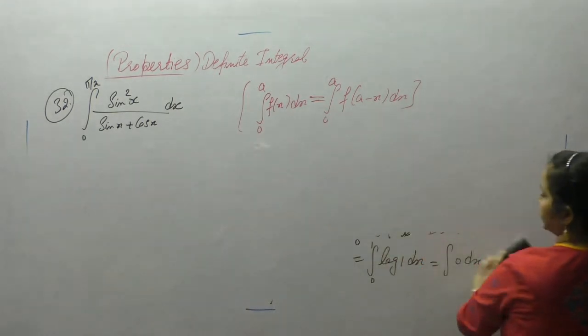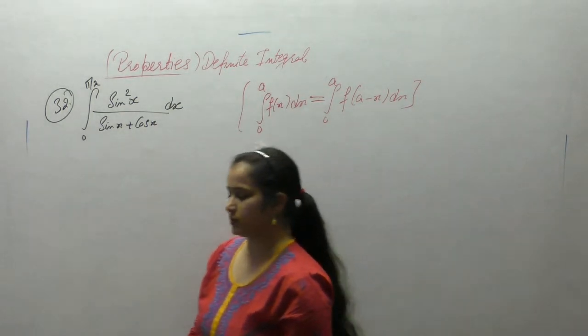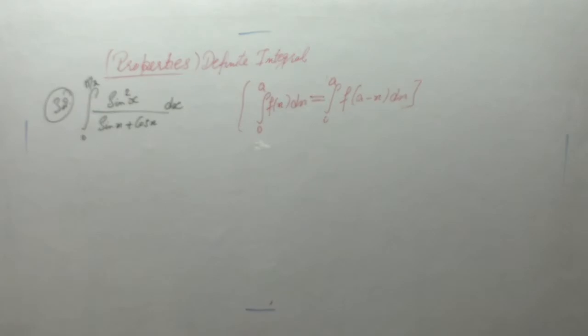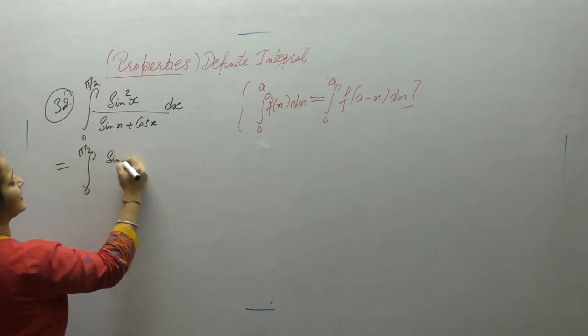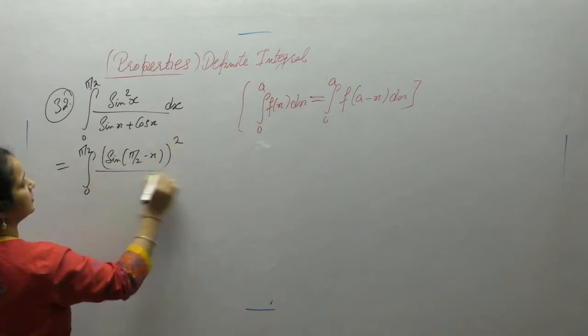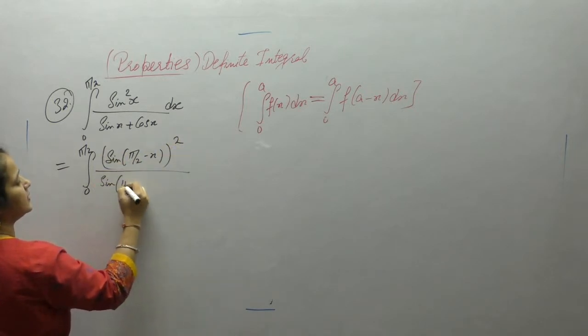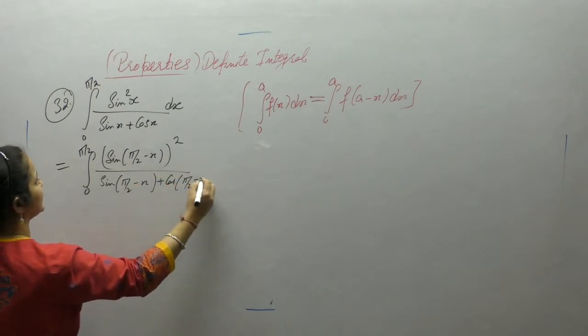Again use this property: the integral from 0 to a of f(x) dx is equal to the integral from 0 to a of f of a minus x dx. So we get sine 90 minus x upon sine 90 minus x plus cos 90 minus x.